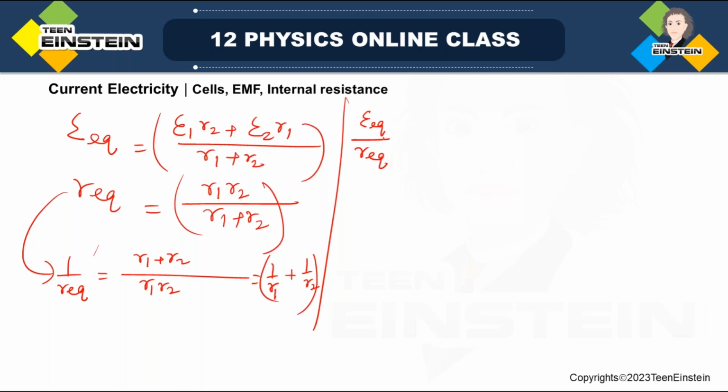Now there is a simple way to remember. If I just multiply this, see what will happen. This will go in the numerator, this will come in the denominator, and this is R2, this is R1. So E1 by R1 plus E2 by R2 we will get for the time being here.